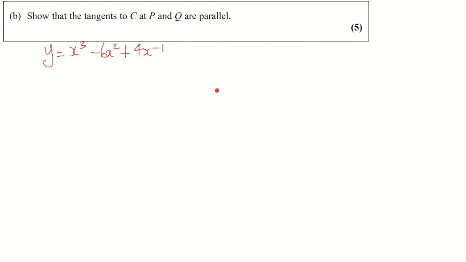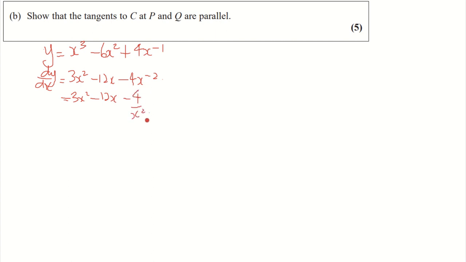Bring the x to the top so that it becomes the power of negative 1. It's easy for us to differentiate. Now let's differentiate this. dy over dx equals 3x squared minus 12x minus 4x to the power of negative 2, which is 3x squared minus 12x minus 4 over x squared.